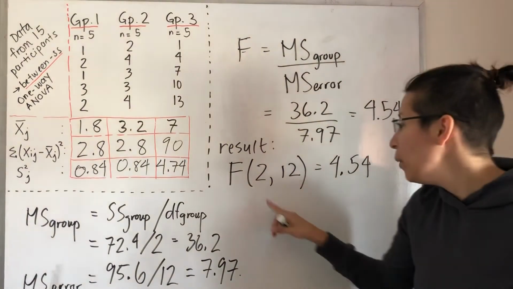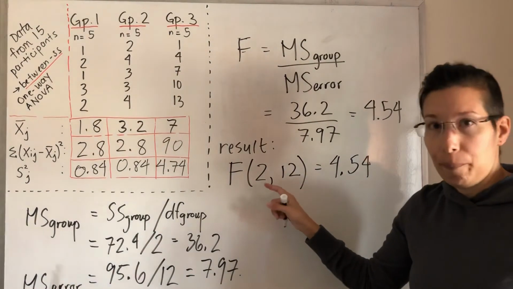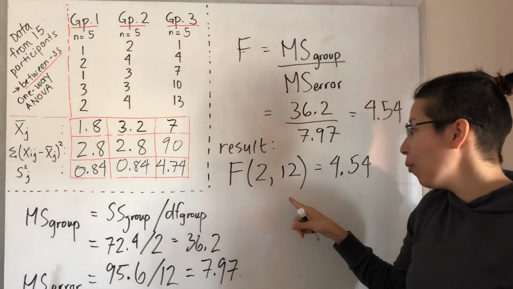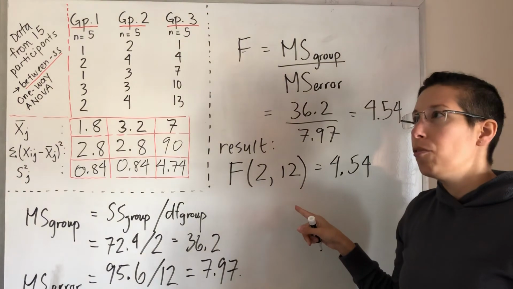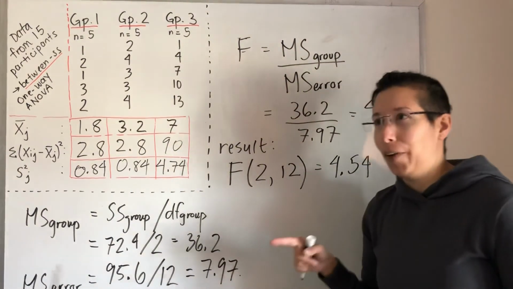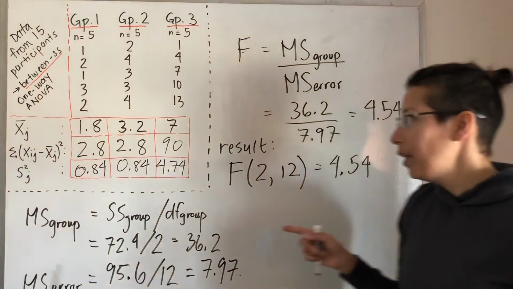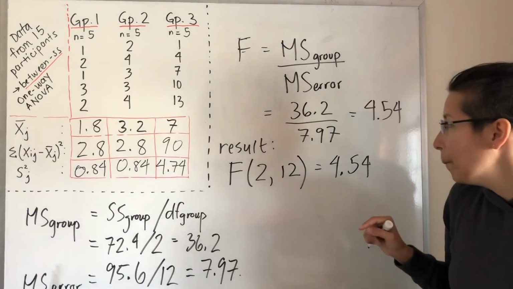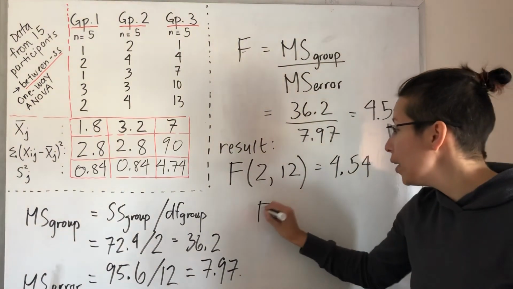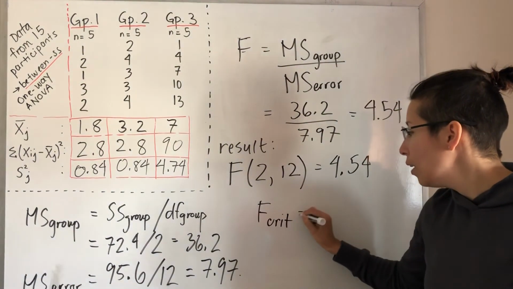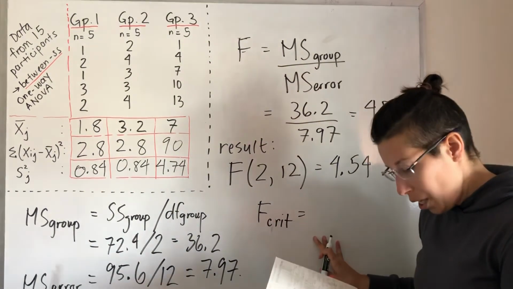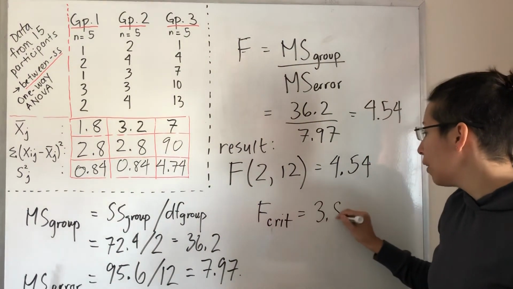But we could look up in the F distribution table for an alpha of 0.05, and you'd be able to see that F crit, or the critical F, is equal to 3.89.